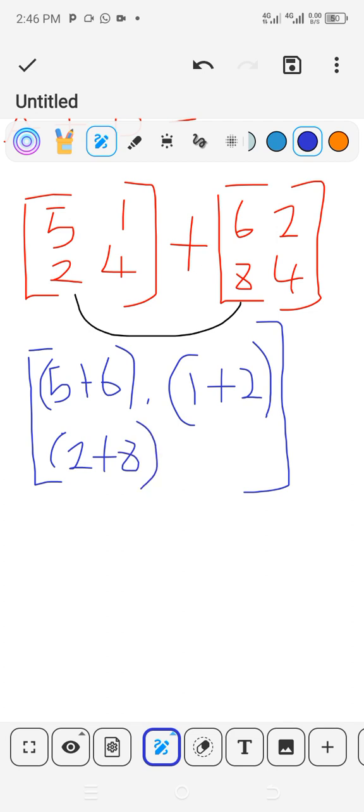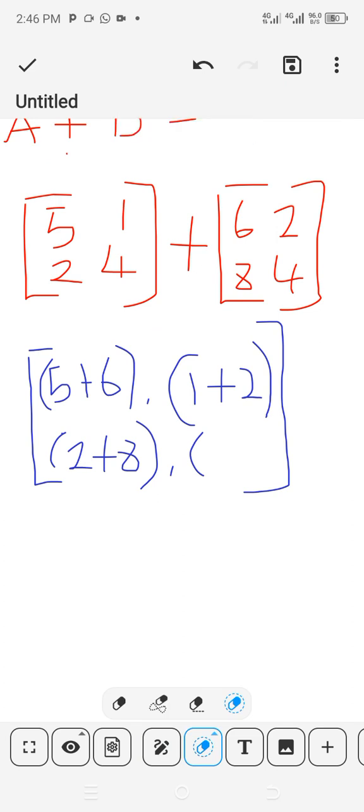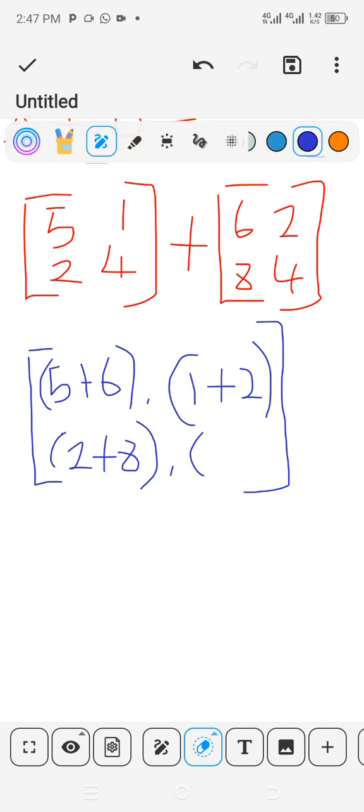We take the next element in the second row, that is 4, and we are adding it to the next element of the second row. That is, we are basically adding this 4 plus this 4. That is 4 plus 4.